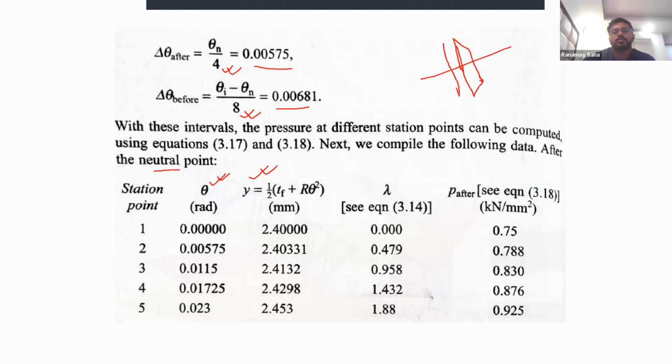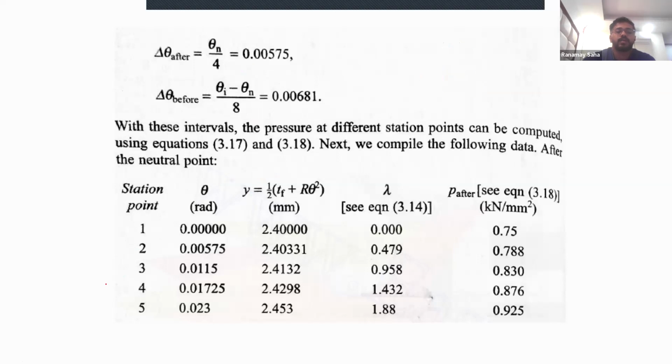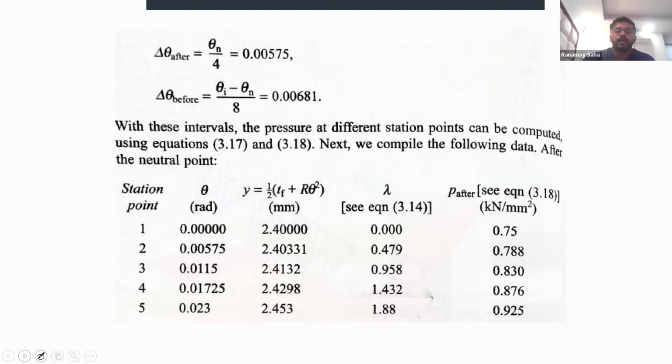Then you find the corresponding lambda value using this particular equation, and once you find the lambda, you can find your pressure value using the equation derived in the class.